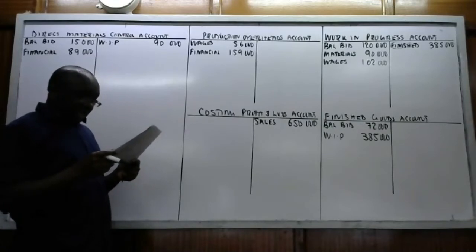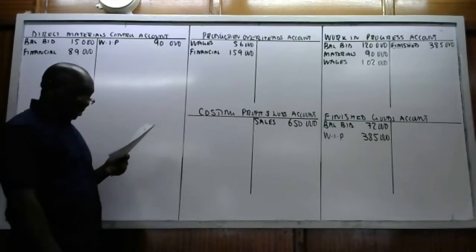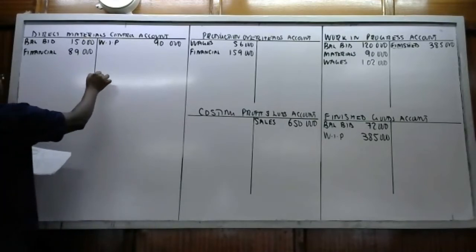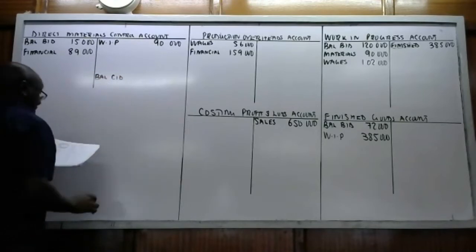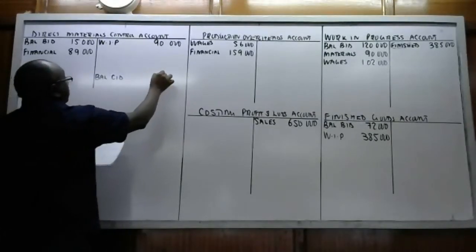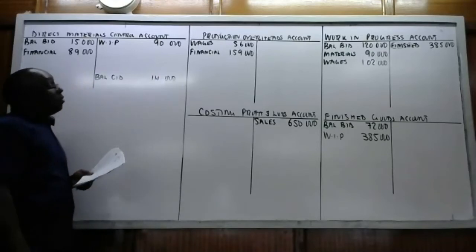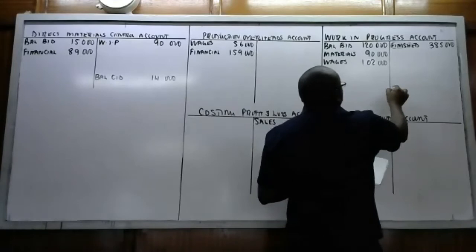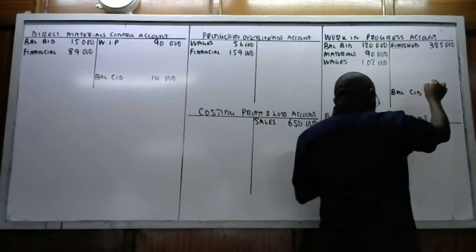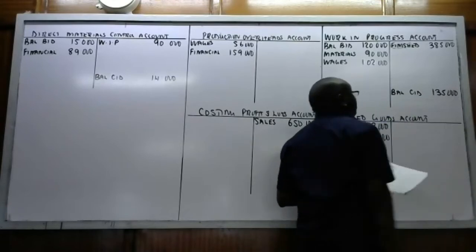Now, as at that 1st of October, closing balances were as follows. So, direct materials. Here near the end, write balance carried down. Balance carried down is 14,000. Work in progress, here near the end, balance carried down is 135,000.